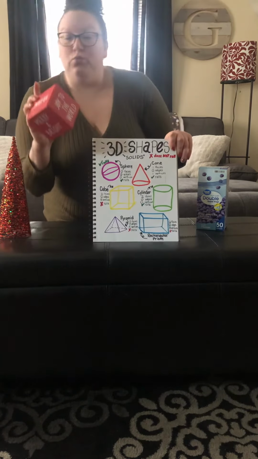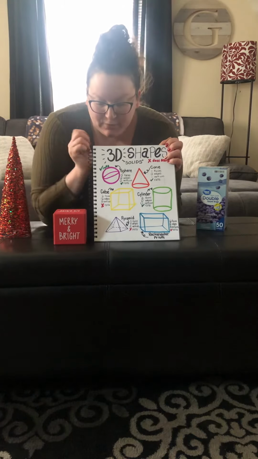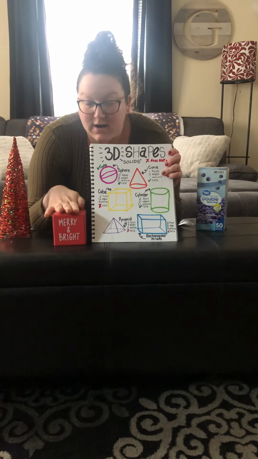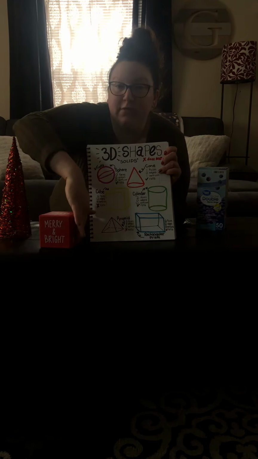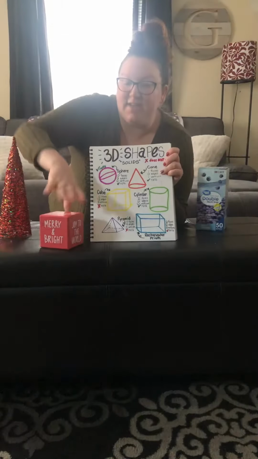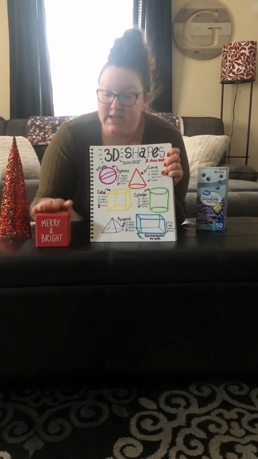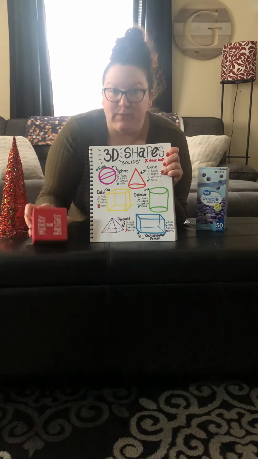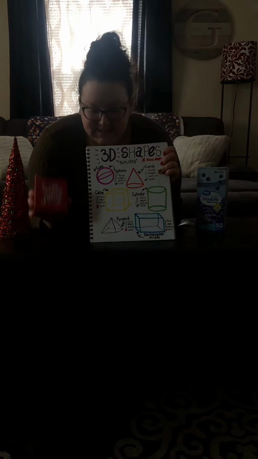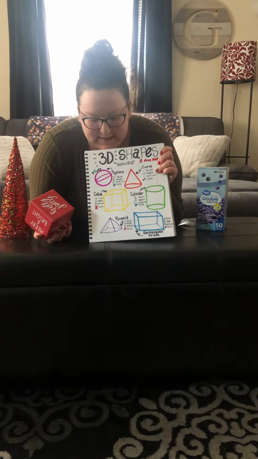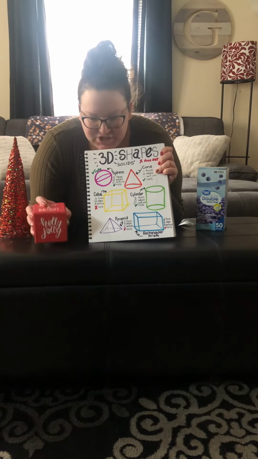Then we have a cube, which this one's a pretty good one. There are 6 faces on a cube. 1, 2, 3, 4, 5, and 6. So 6 flat surfaces. We could put it any way we wanted. It would stay. 6 faces. How many edges?